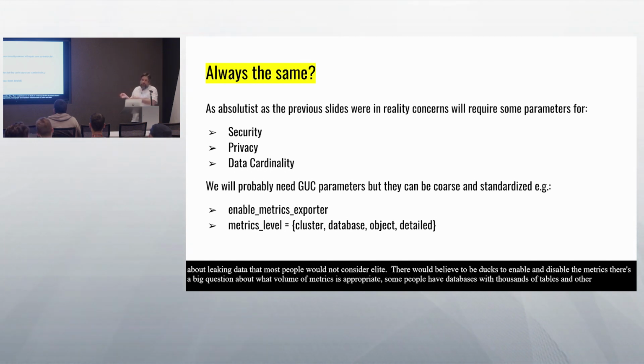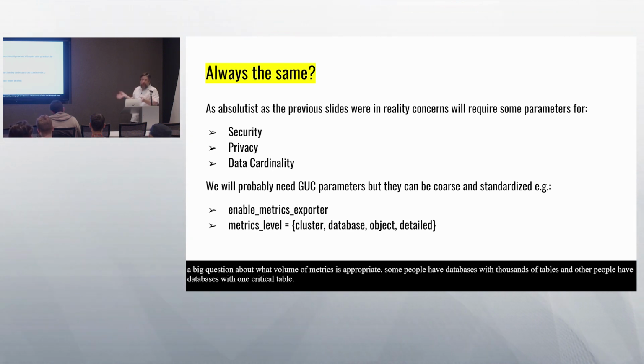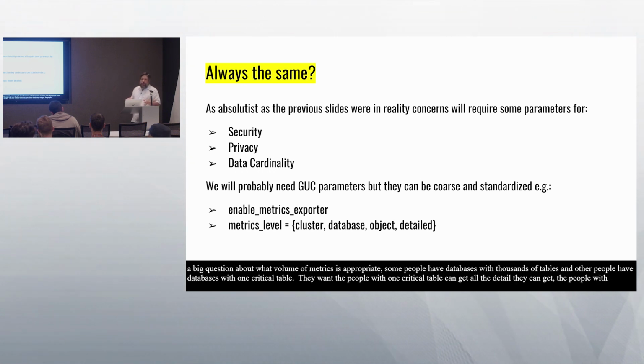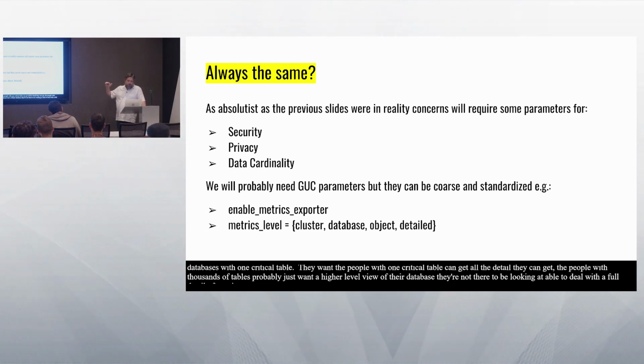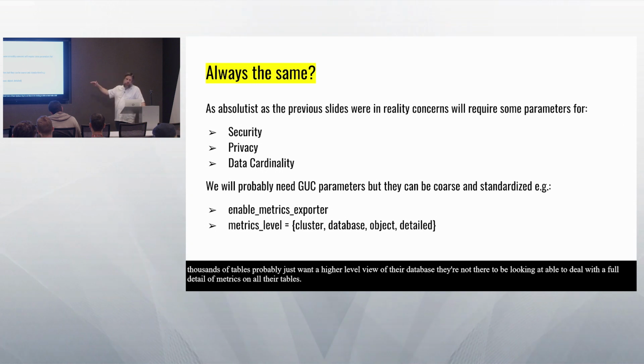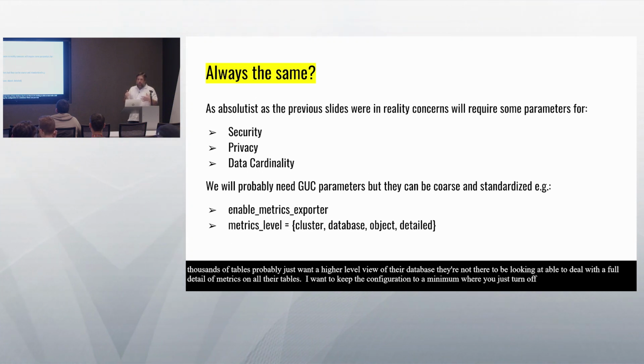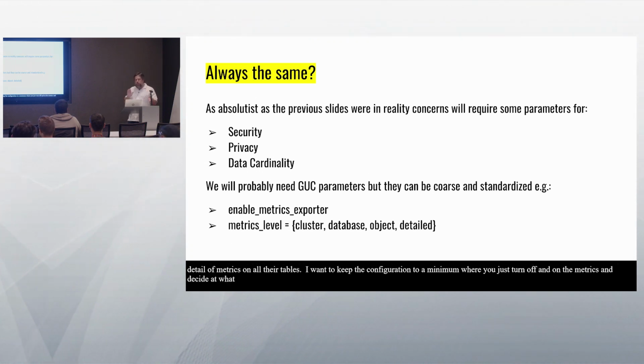The people with thousands of tables probably just want a higher level view of their database. They're not going to be able to deal with the full detail of metrics on all their tables. So I really want to keep the configuration here to a minimum, where you just turn metrics off and on and decide at what level of detail you're willing to export, not turn individual metrics on and off on individual objects.